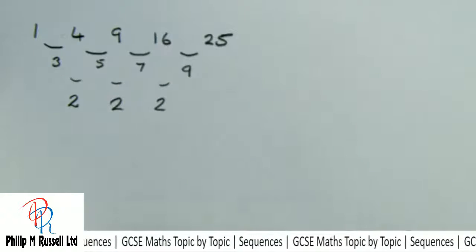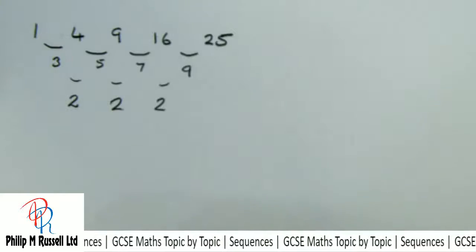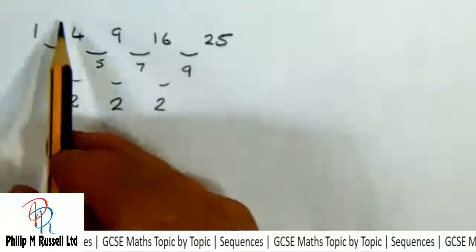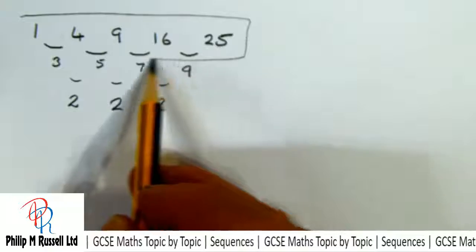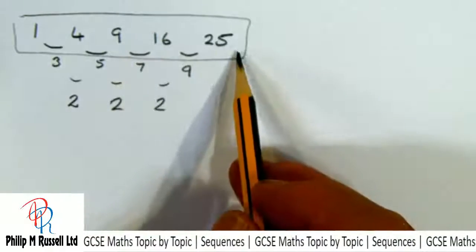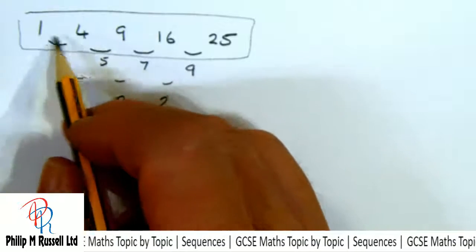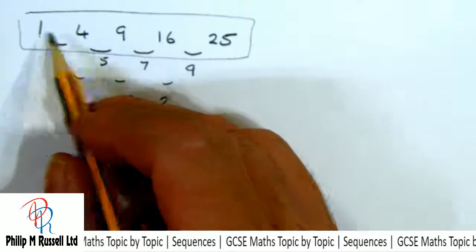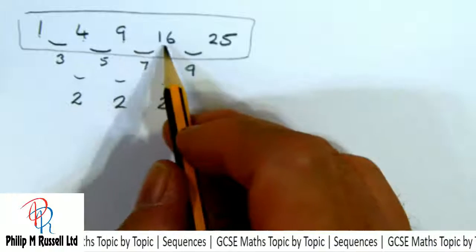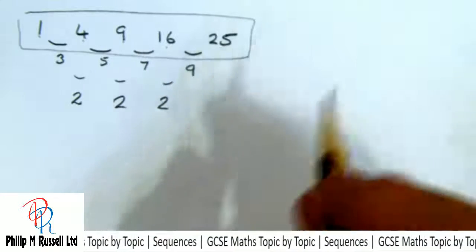This is in fact a quadratic sequence, but regardless of looking at that, I can look at these numbers and see that this is a square. 1 squared, 2 squared, 3 squared, 4 squared, 5 squared.